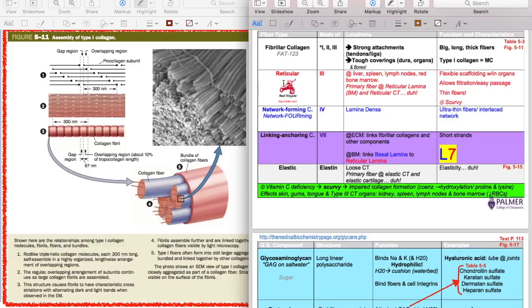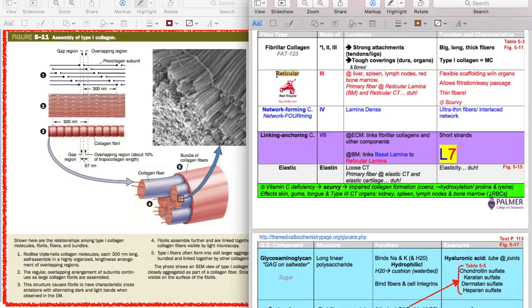So red tricycle, red reticular, tricycle for 3, type 3 collagen. It's going to be found in basically filtering-type organs in the body. And I mentioned etymology a few minutes ago: the etymology of the word reticular refers to net-like.